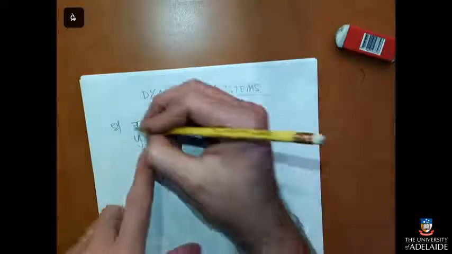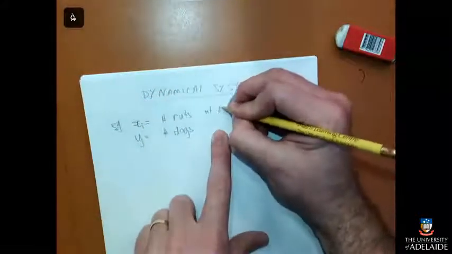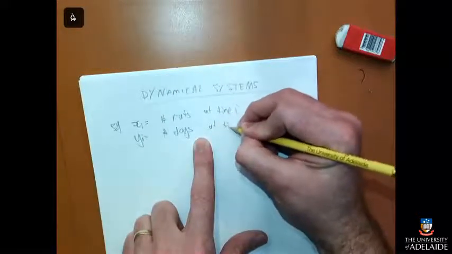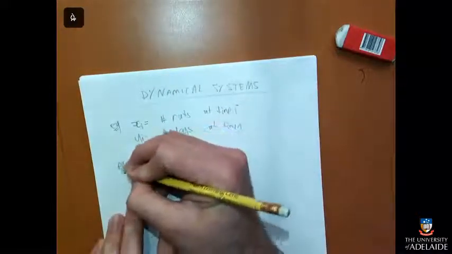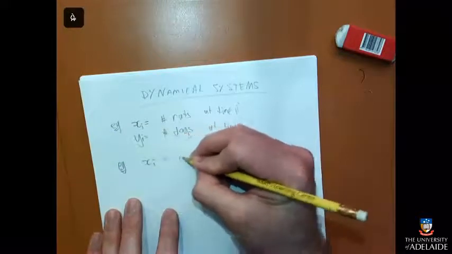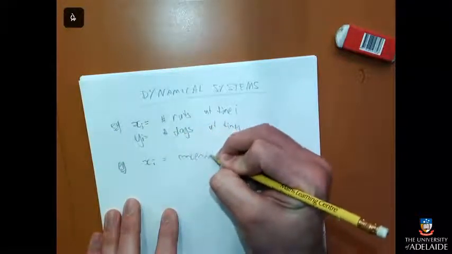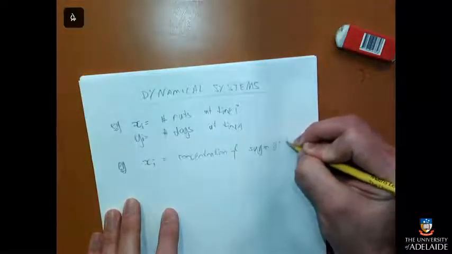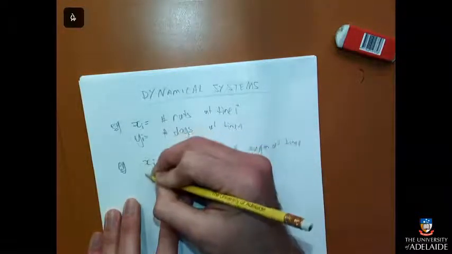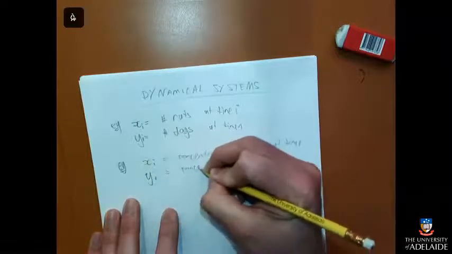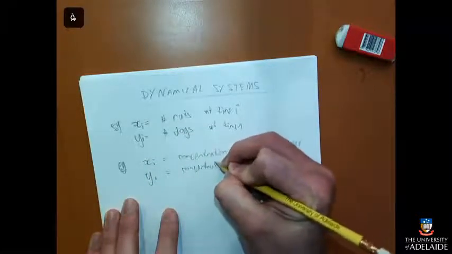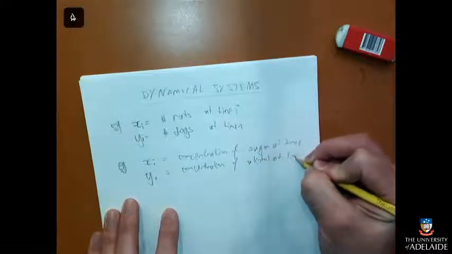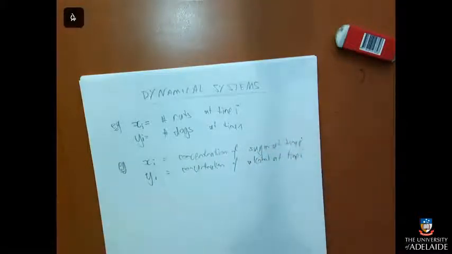So you might say that xi is the number of rats at time i, and yi is the number of dogs at time i. Or it might be, for example, that xi is the concentration of sugar at time i, and yi is the concentration of alcohol at time i in some sort of brewing system.